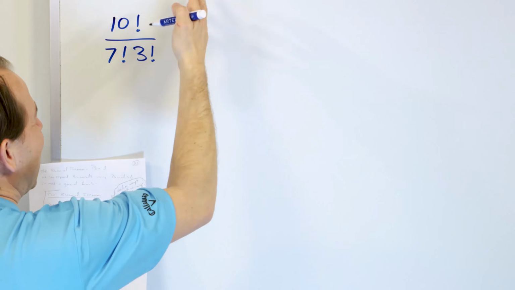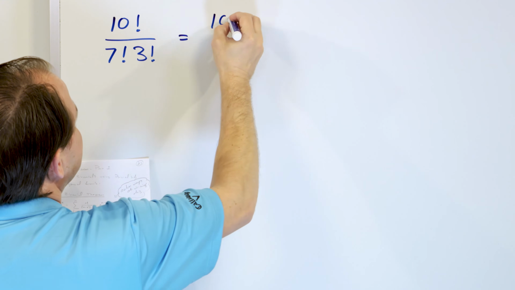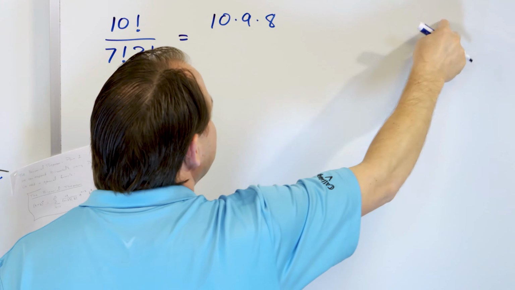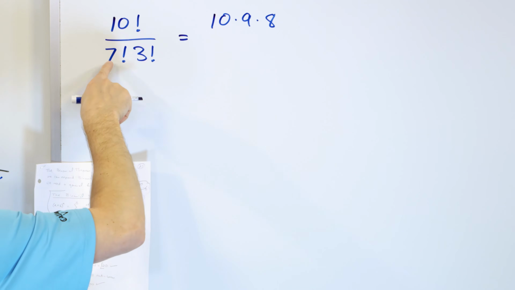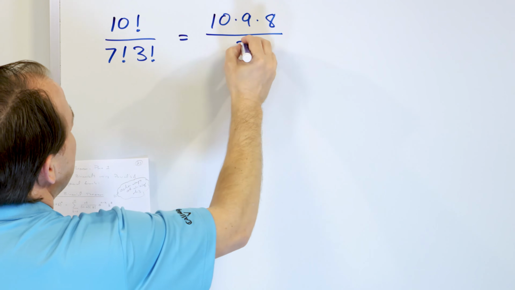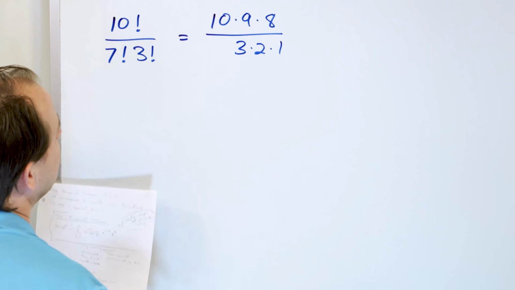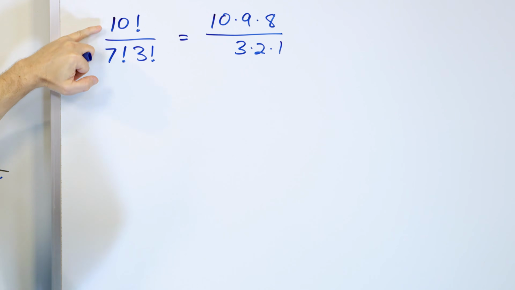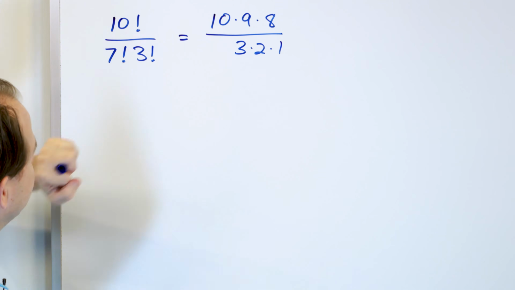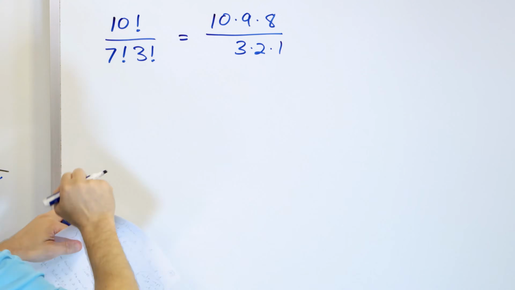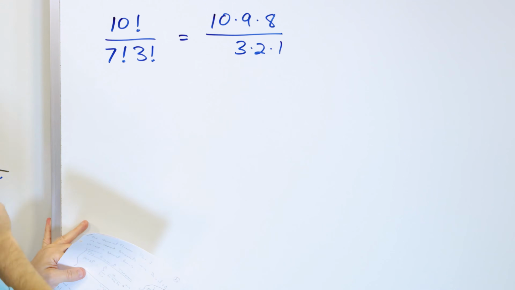So on the top, after the cancellation, all that's left is 10 times 9 times 8, because the 7, 6, 5, 4, 3, 2, 1 cancel with the 7 times 6, 5, 4, 3, 2, 1. All I'm going to have left is the 3 factorial, which is 3 times 2 times 1. So this is much faster than actually doing 10 factorial divided by 7 factorial times 3 factorial. In my mind, all of the 7 factorial cancels out of there.